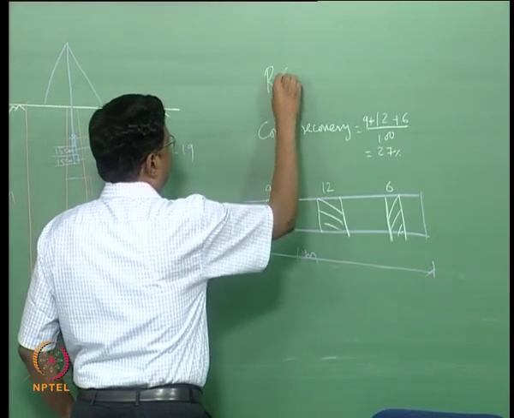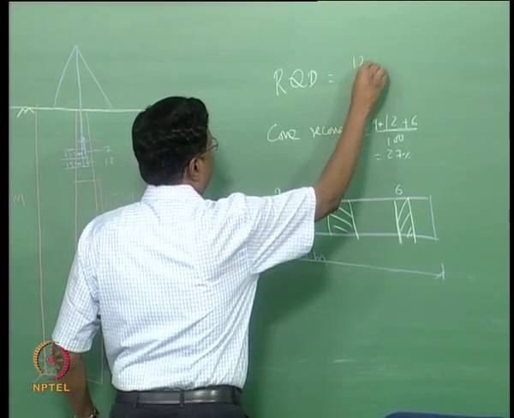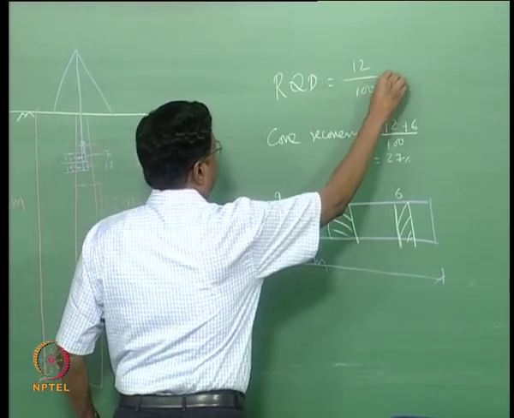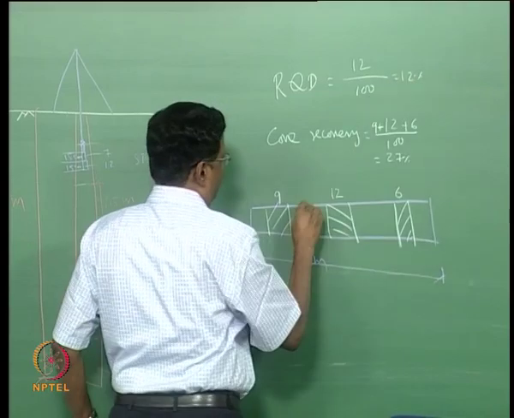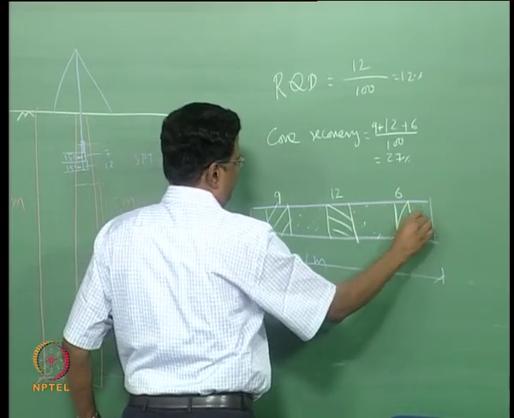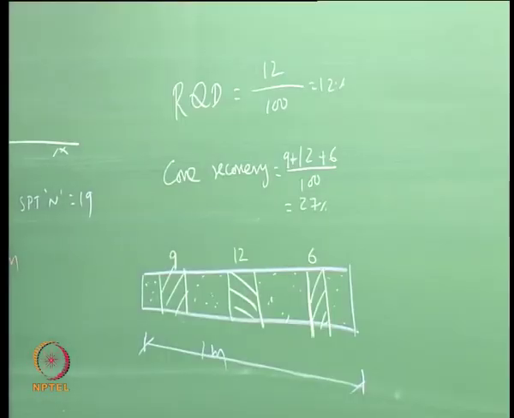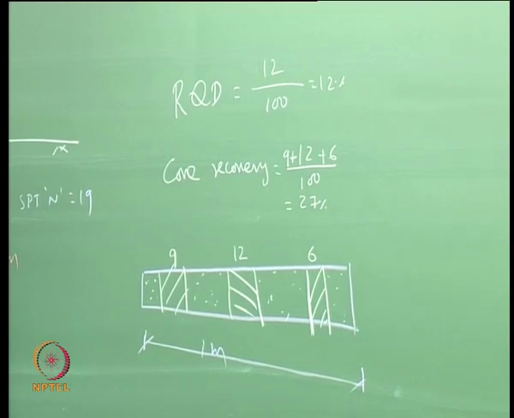RQD means rock quality designation, that is, any piece more than 10 centimeter alone you take, divided by 100, that is 12%. Here you have some powders, the rock breaks here, you do not get a piece. Is it clear? You core through the rock, you may not get rock as a single mass.